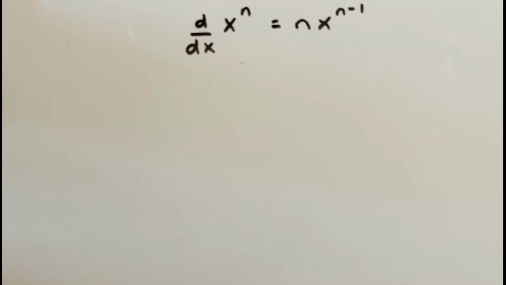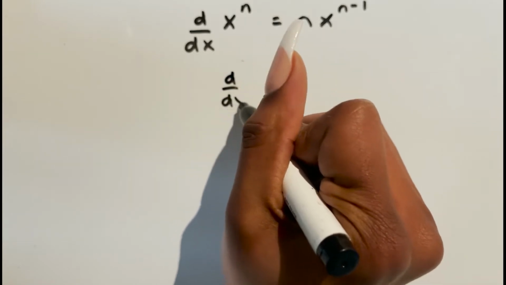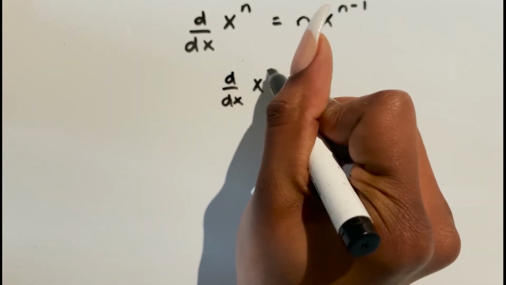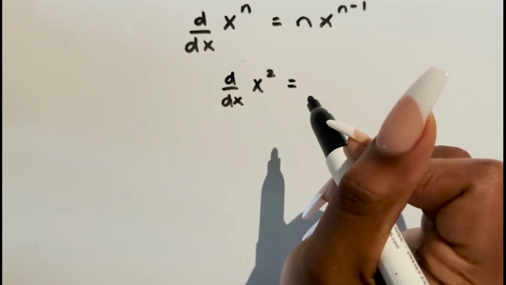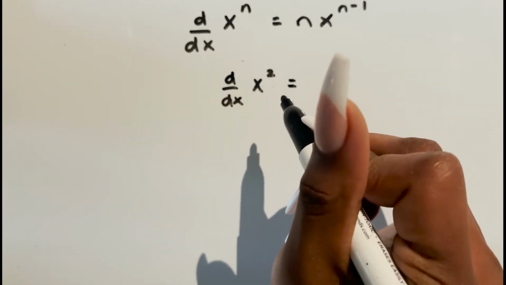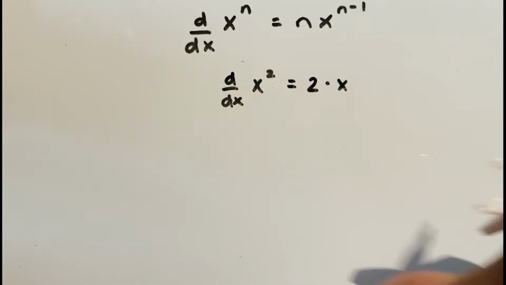Let's begin with the power rule formula. It is the derivative of x raised to some number n equals that number n times x raised to n minus 1. So let's say we want to find the derivative of x squared. Following the formula, we can identify that n in this case equals 2. So we'll bring the 2 to the front and multiply it times x.